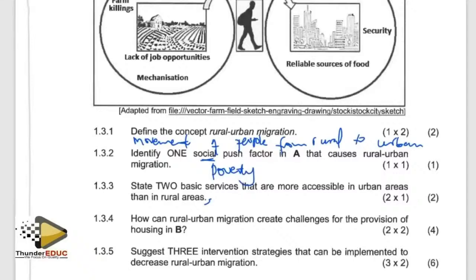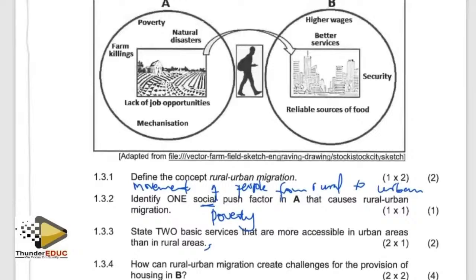State two basic services that are more accessible in urban areas than rural areas. Two basic services. Like what? Better basic services. We can look at aspects like medical services. Accessibility to running water.